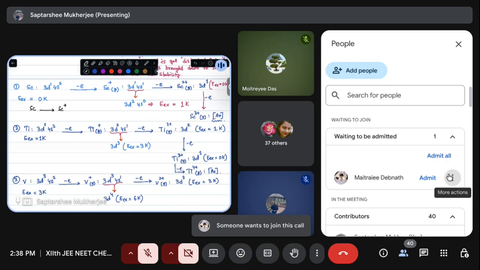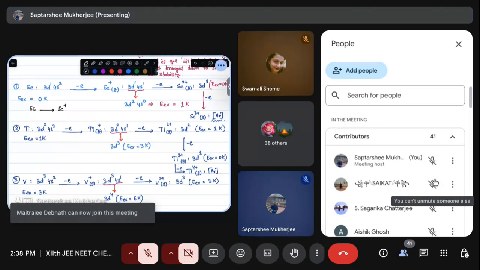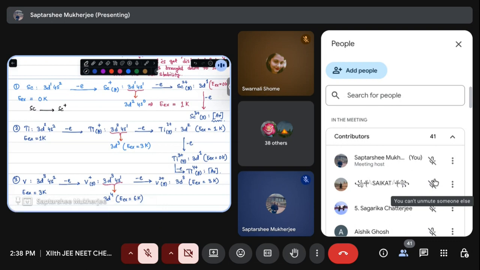Lata, Shorupa, Shornali, is Moitri already there in the class? No, sir. Okay. Is it really Moitri? Please, can you confirm, Shorupa, who have joined just now?